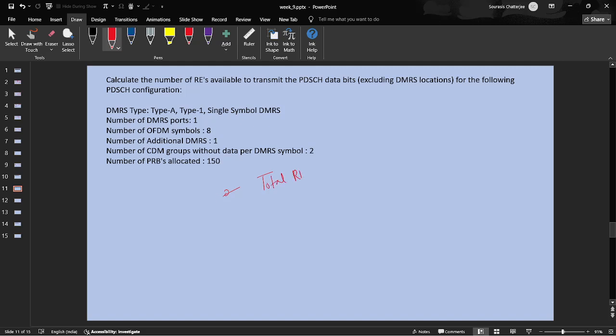It will be 150 into 8 into 12, and that is going to be 14400.